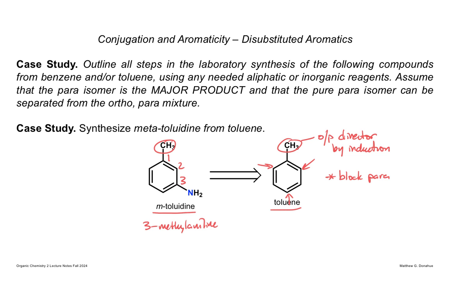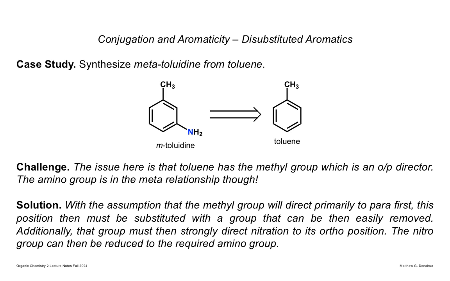So we need to take advantage of that and block that position. Then we need to further take advantage by using any substituent we introduce to make that go to the ortho. So let's walk through that.